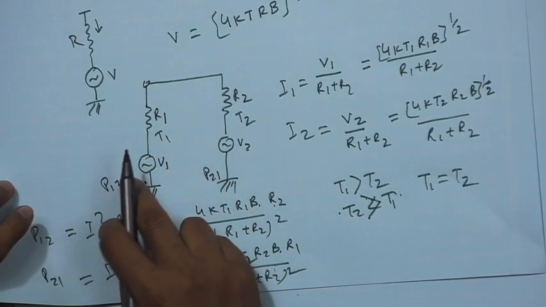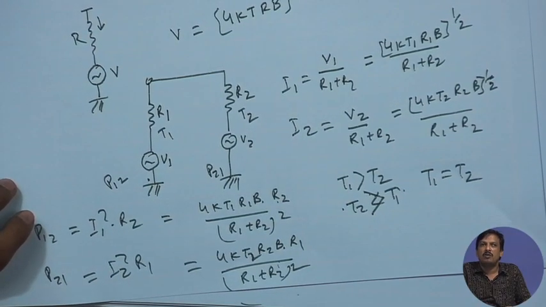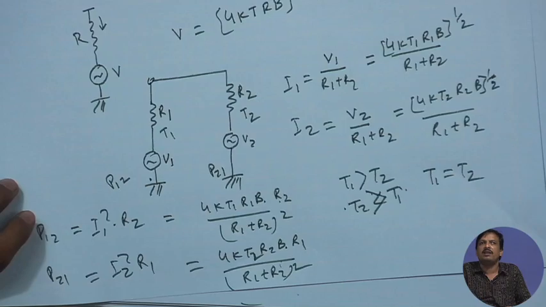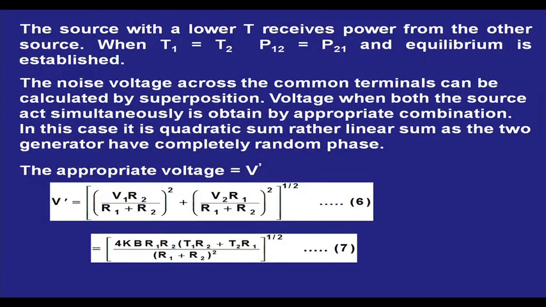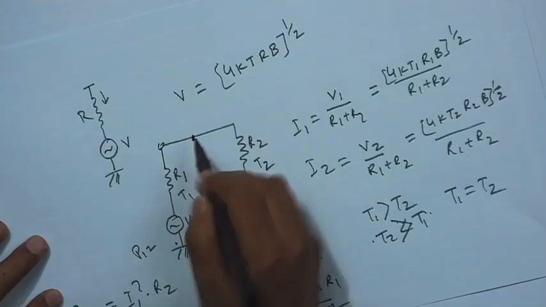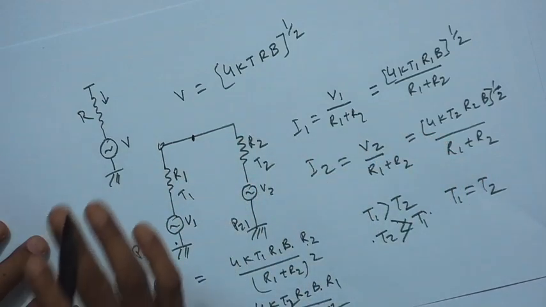Okay. Now, I have to calculate the effective noise voltage acting here, across this terminal. So how do you calculate the effective noise voltage? The noise voltage across the common terminal can be calculated by superposition of V1 and V2, the voltage when both sources act simultaneously.